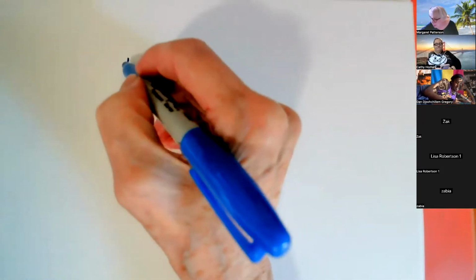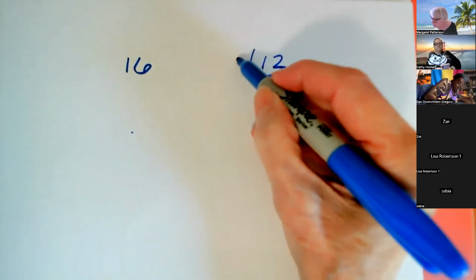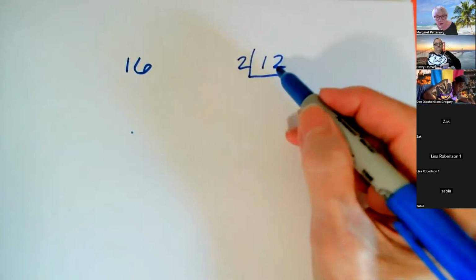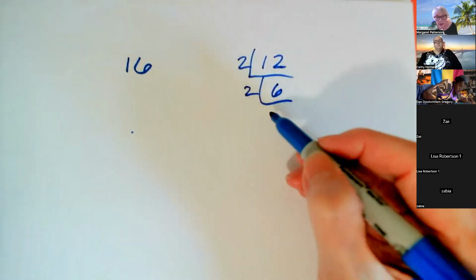Here's what I'm going to do. I'm going to take the number 16 and the number 12. The number 12, we did a second ago, so I'm just going to repeat it. 2 into 12 is 6. 2 into 6 is 3.